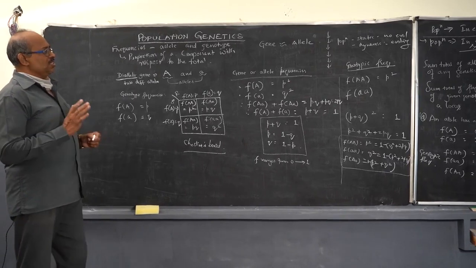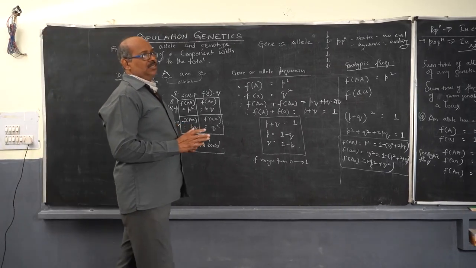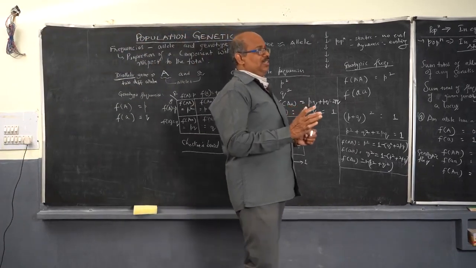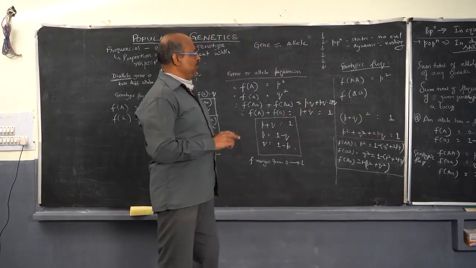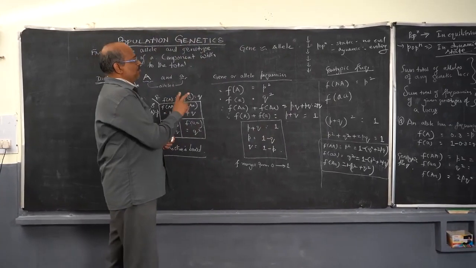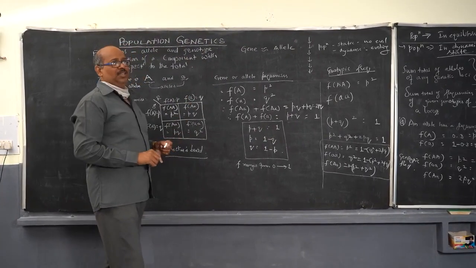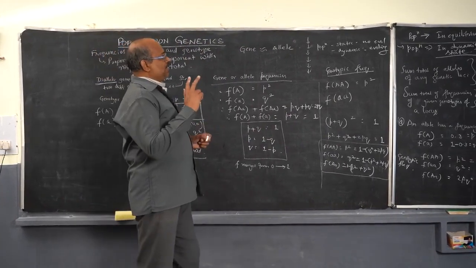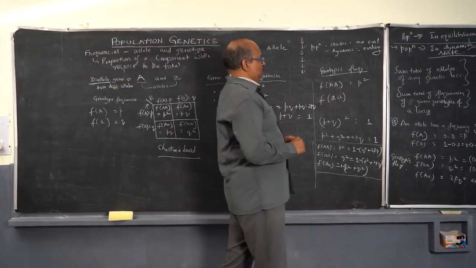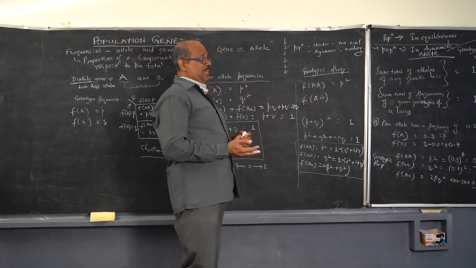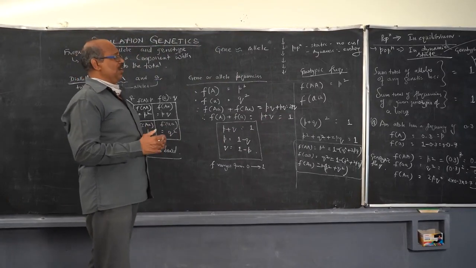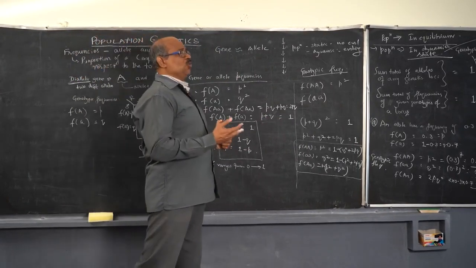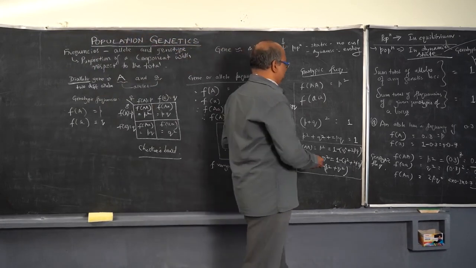The sum total of the frequencies always is 1. If it is a diallelic gene, you have 2 alleles, and the sum of the 2 allele frequencies will be 1. And if you have the genotypic frequencies, you get 3 genotypes: homozygous dominant, homozygous recessive, and heterozygous, and the sum total of all the 3 frequencies will again be 1.